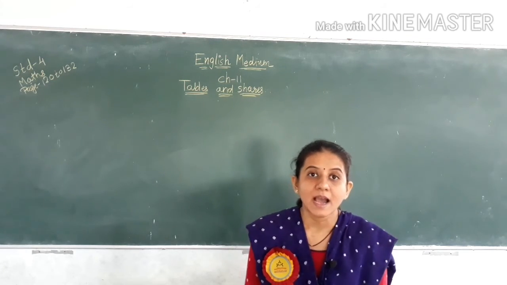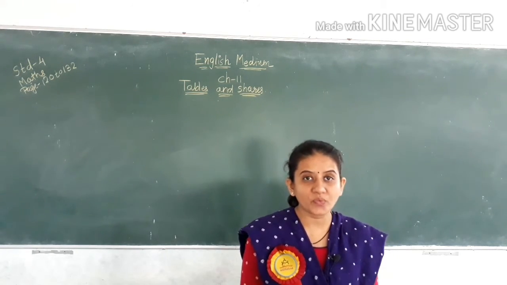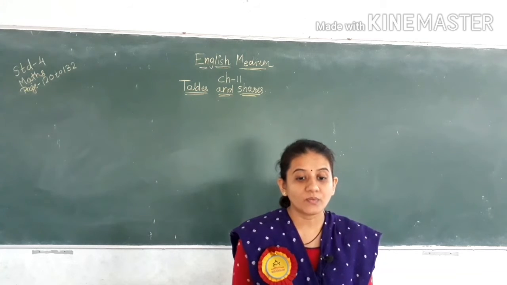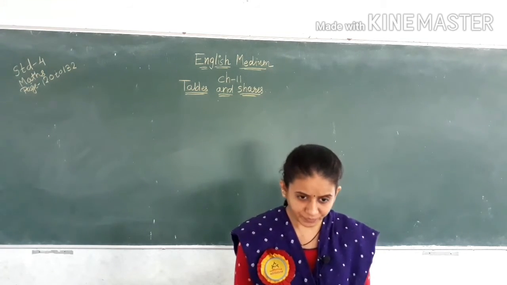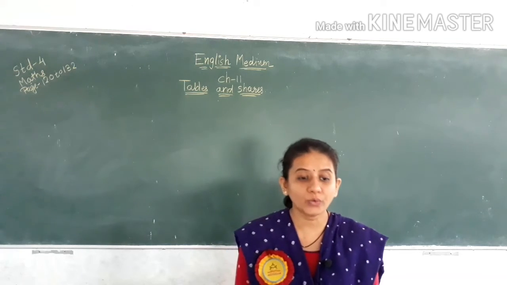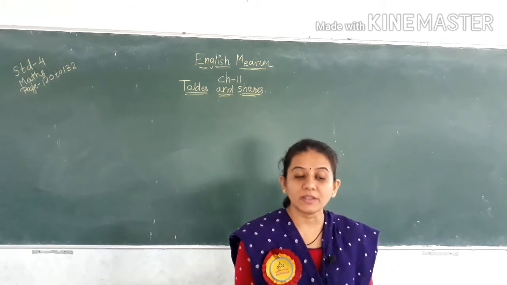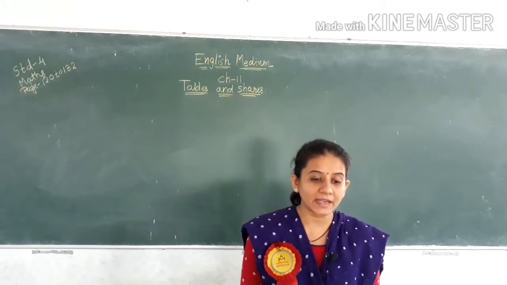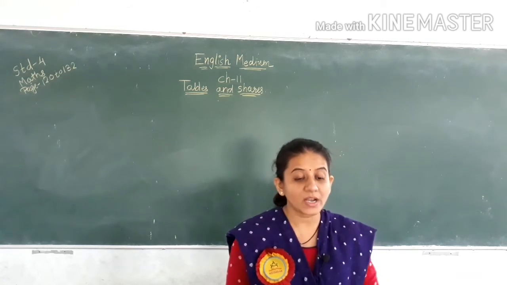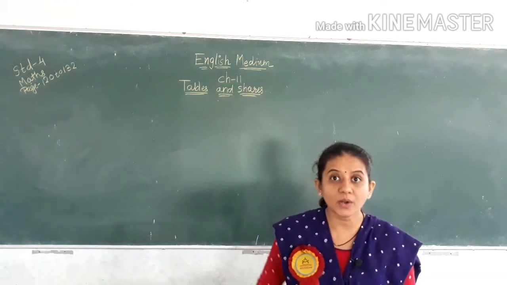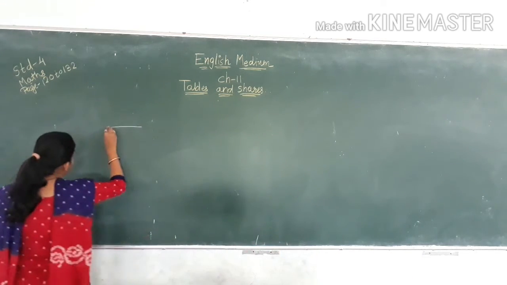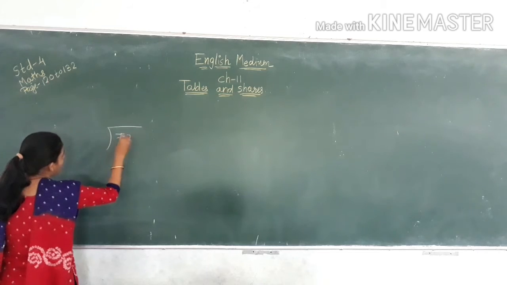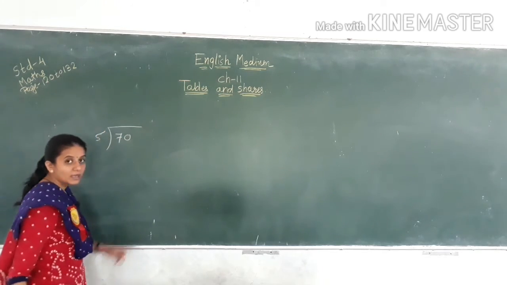One method. Rashi and Seema thought for a while and said, we know how to do 70 divided by 5. Seema started writing and says, first I gave 10 rupees to each.